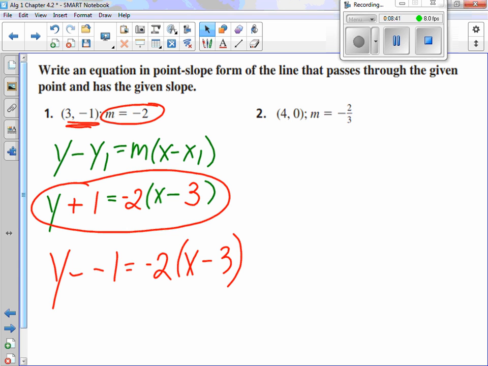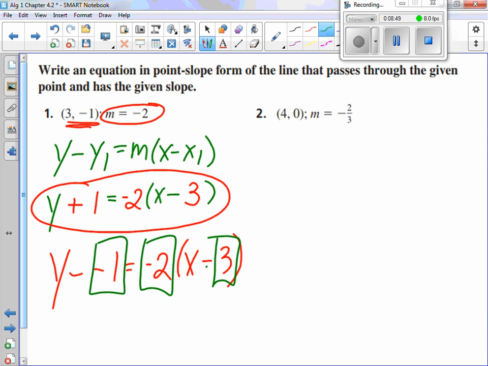If there's already minus and minus there, we're going to put negative 1. So we know the y value is negative 1, slope is negative 2, x value is negative 3. We're just filling in those three spots. Questions on this here?